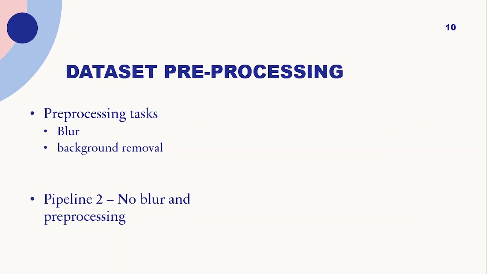For the dataset pre-processing, the two tasks we did were to reduce the blur, making sure that all the data in the datasets are clear images and not blurry, and background removal, making sure that the selection is their face and not their face and the background.